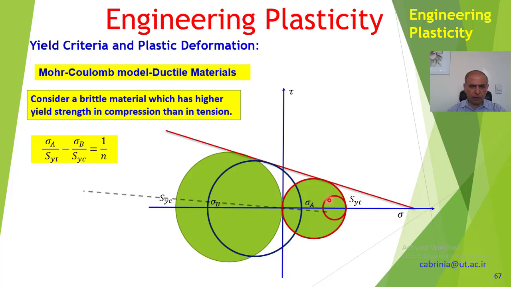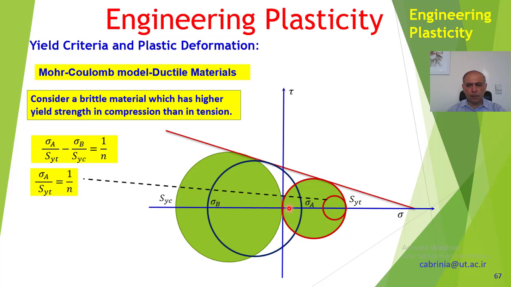Okay, so that is the extreme case. Let's examine the extreme case. The extreme case here is this one, and for this one we have no SYC. So SYC is 0.